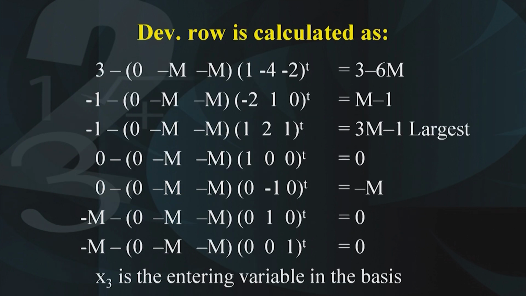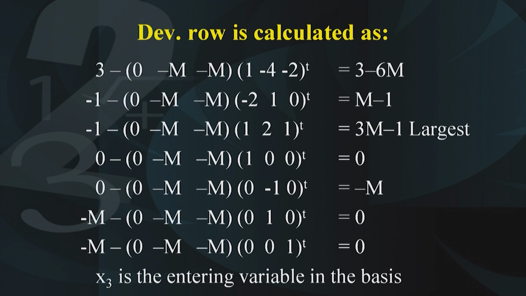The first one will be 3 minus 0, minus M multiplied by 1, minus 4, minus 2. Now, if you multiply 0, minus M with 1, minus 4, minus 2 and subtract it from 3, you will get 3 minus 6M.